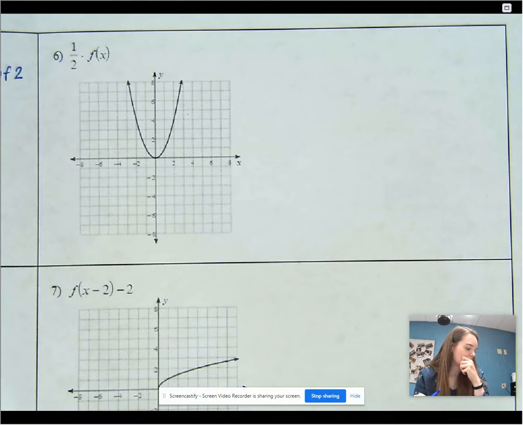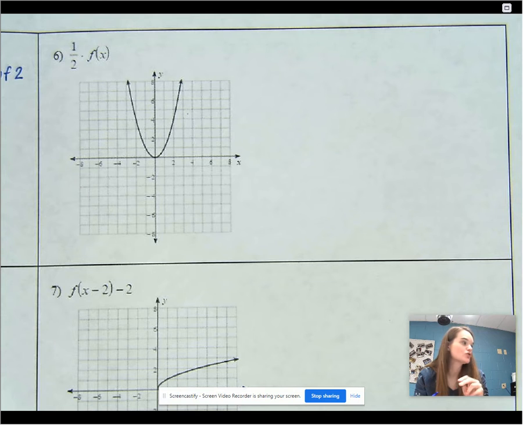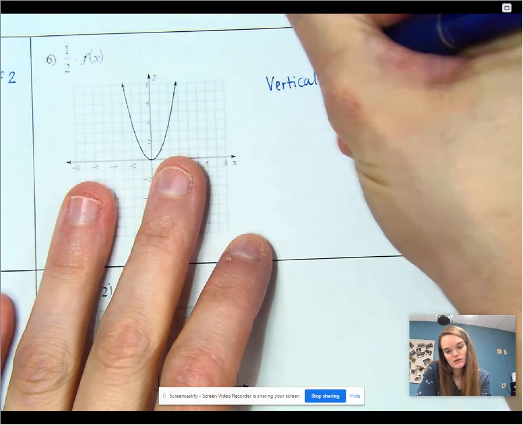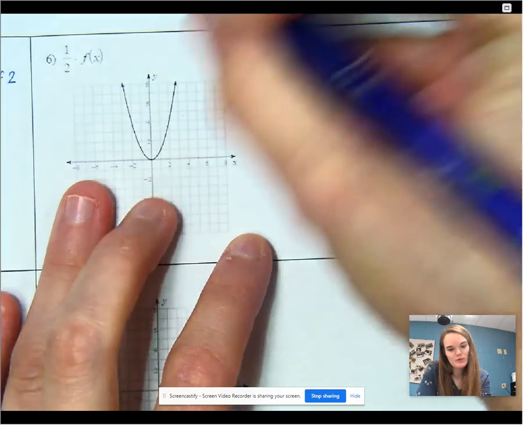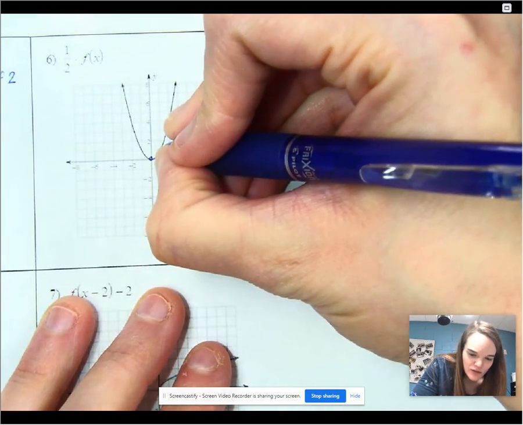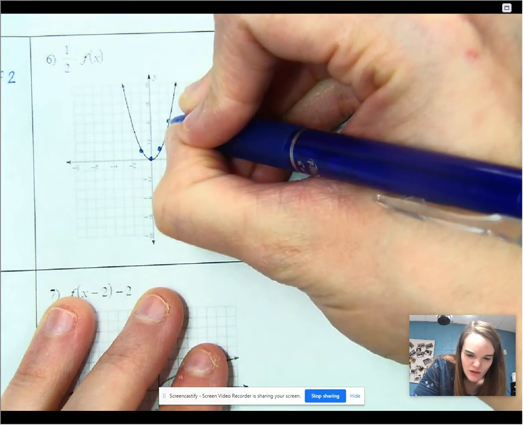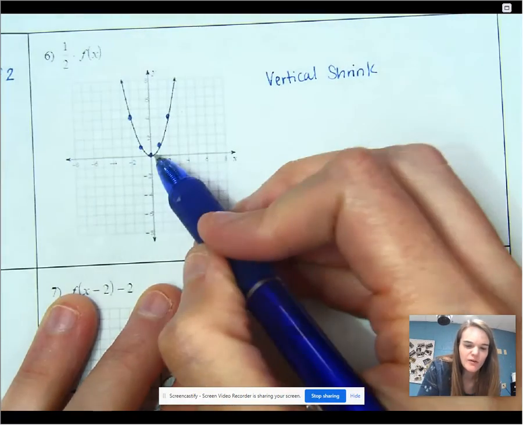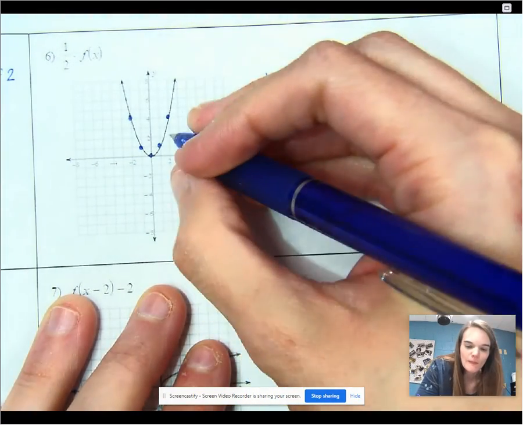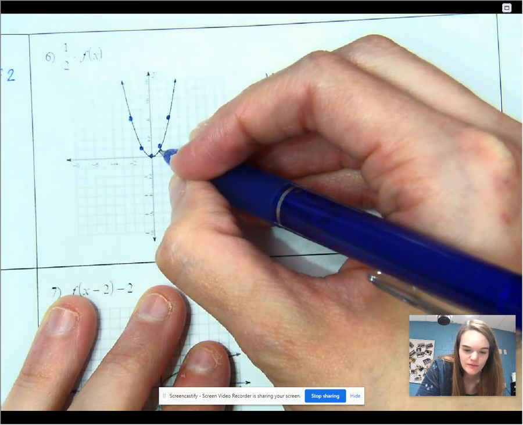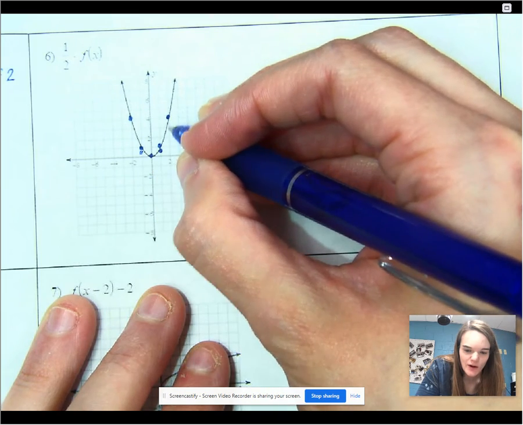Okay, number 6. Got a 1/2 multiplied. It's either vertical stretch or vertical shrink. Since it is a fraction, something smaller than 1, it is a vertical shrink. It means it's going to compress. It's going to be mashed down. Got 5 points. I'll mash them down. So the 0, 0 is going to stay there. Instead of 1, I'm going to have a half. Instead of 4, I'm going to have 2.